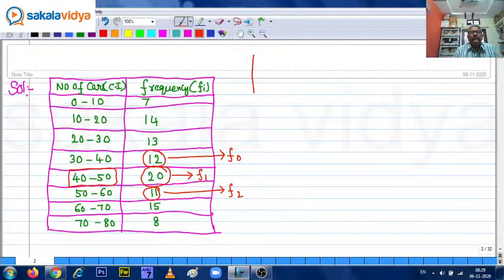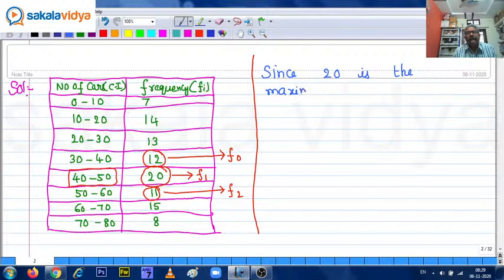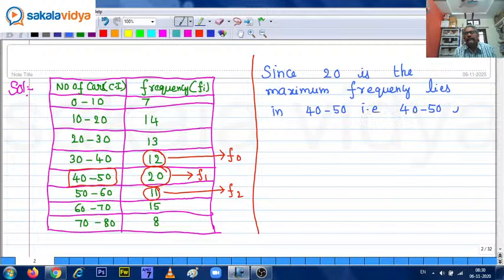Now write down the solution. Since 20 is the maximum frequency, the maximum frequency lies in 40 to 50, that is, 40 to 50 is the modal class. Here 40 is the lower limit, L equal to 40.